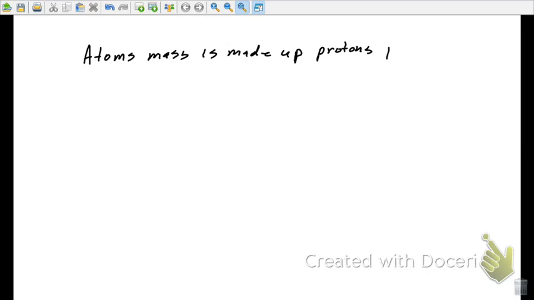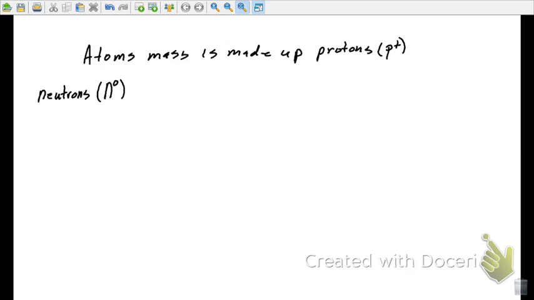I'm going to use the symbol P plus for shorthand, and N with superscript 0, since it has a 0 charge. Later on we'll find that out, and that would be neutrons.